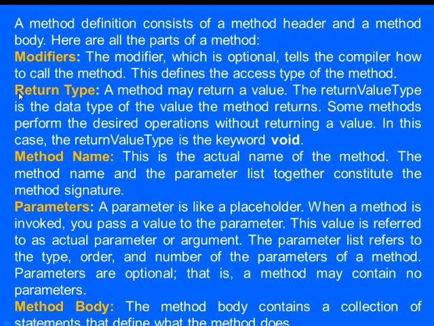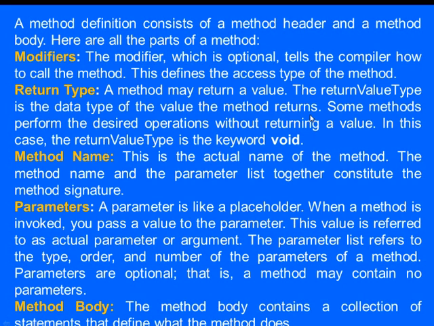Then we have a return type. A method may return a value. If we wish a method to return a value, we can design such a method. The return value type is the data type of the value the method returns.